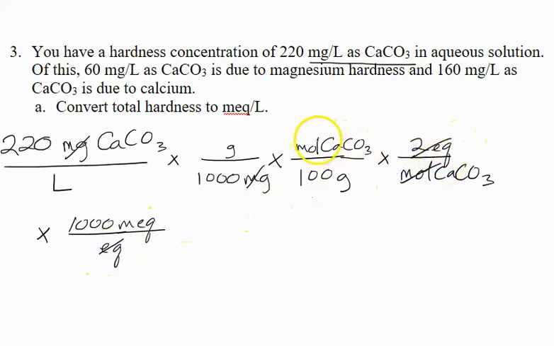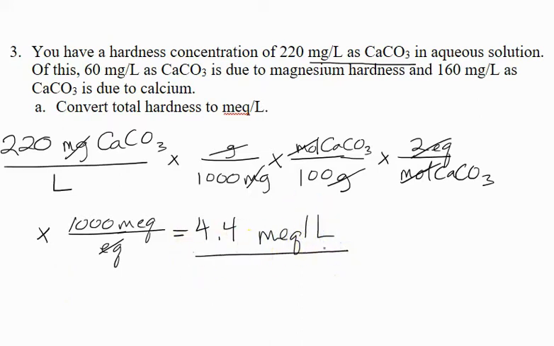Make sure that we've canceled out everything. And yes, in fact, we now have milliequivalents per liter. And if I type that into my calculator, I get 4.4 milliequivalents per liter, which is my answer.